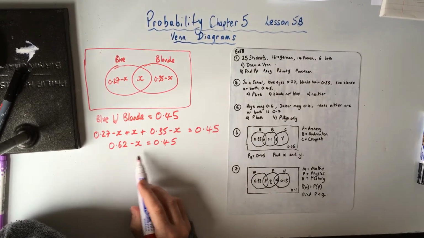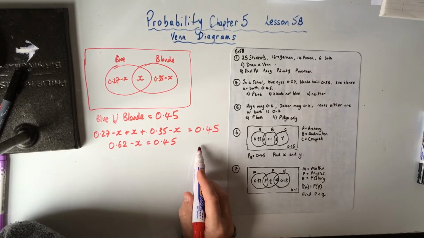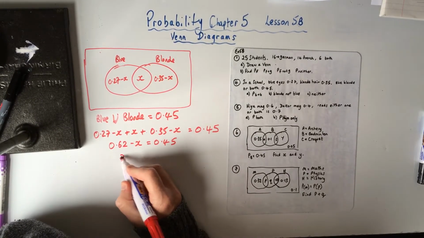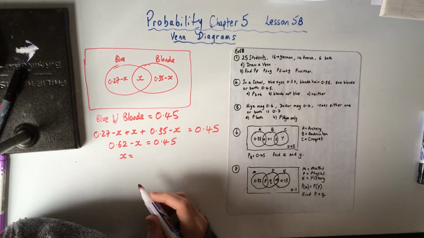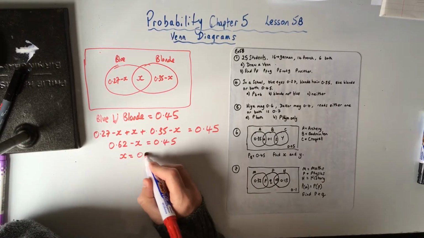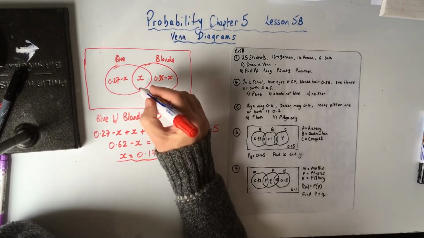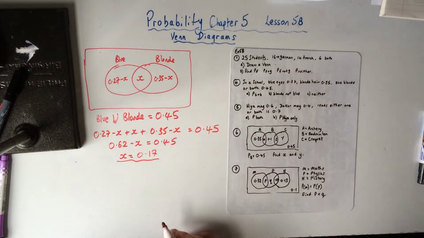So all of that side simplifies to that, add x to both sides, goes over there, take 0.45 off both sides, okay, and we get x is equal to 0.17, that's what I make it. Okay, so we know that bit now is 0.17.